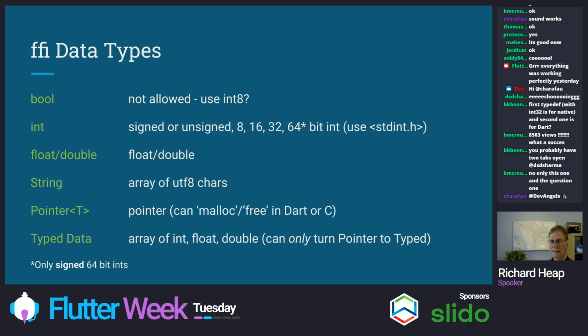And you can allocate and free memory either in Dart or in C. Typed data, if you've used like uint8 list and things like that in Dart, then those are just arrays of ints, floats, and doubles. And you can turn from this pointer type into a typed data. You can't turn it the other way around, slightly frustratingly.